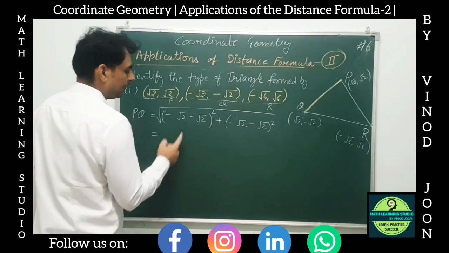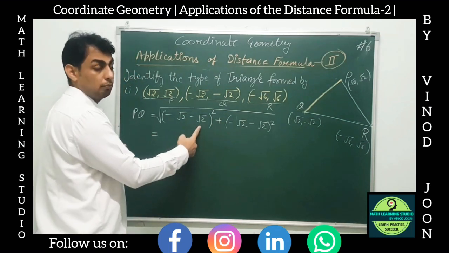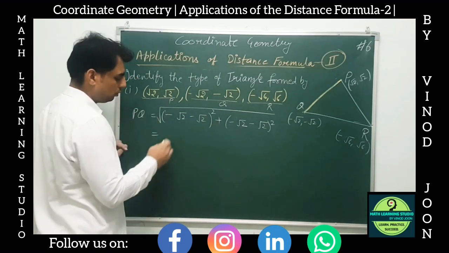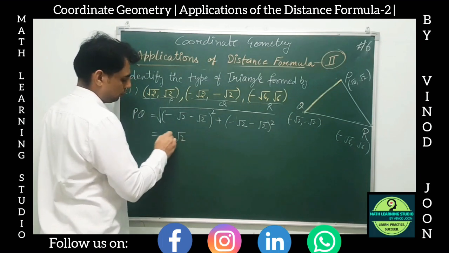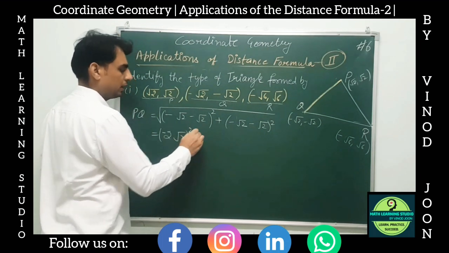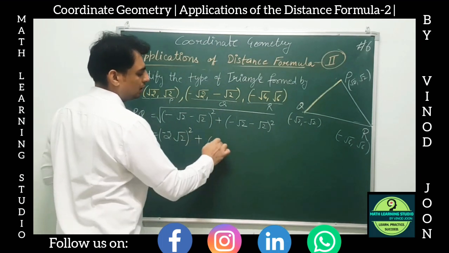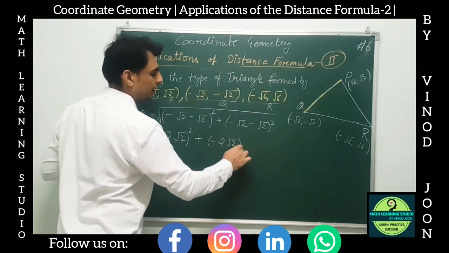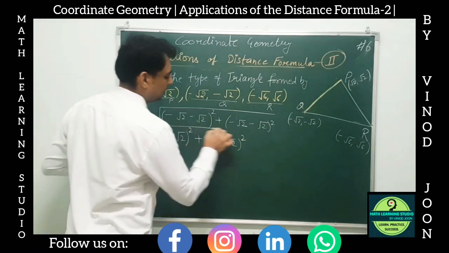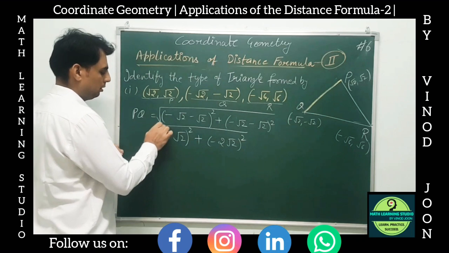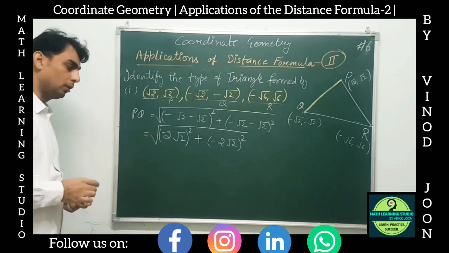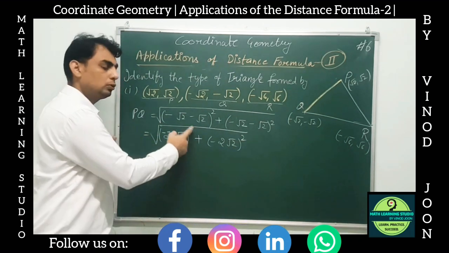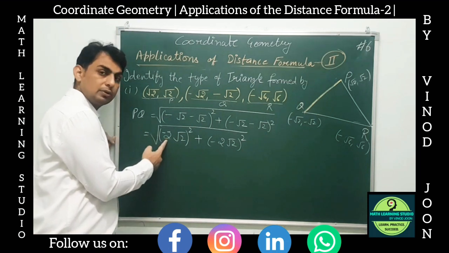What we get here? Here we get minus root 2 minus root 2, which means minus 2 root 2. So minus 2 root 2 square, plus the same thing, minus 2 root 2 square, this also. And this is again under the square root symbol. Alright. Minus 2 root 2 square means square of 2 as well as square of root 2.